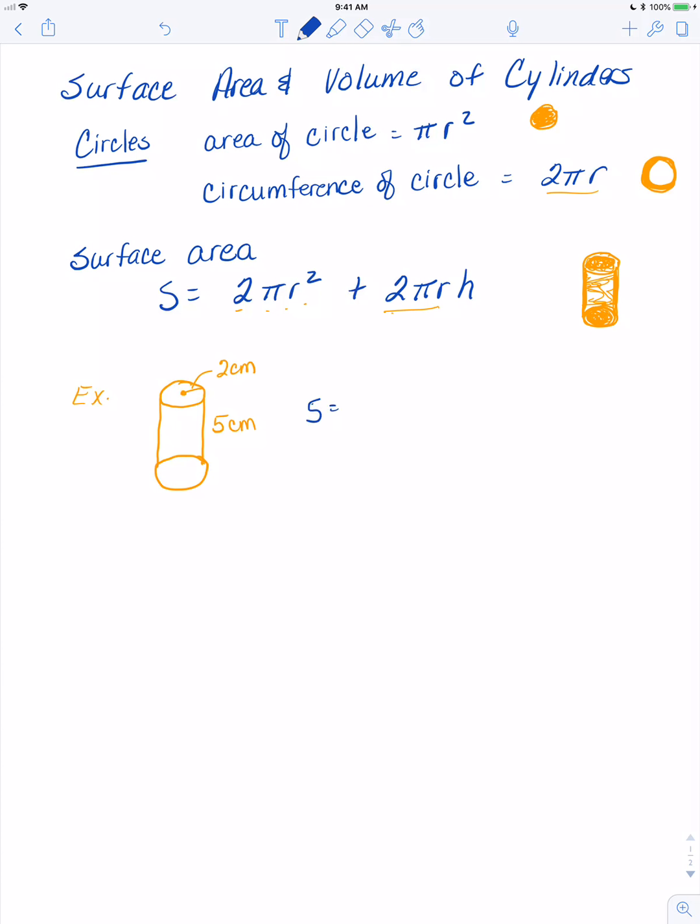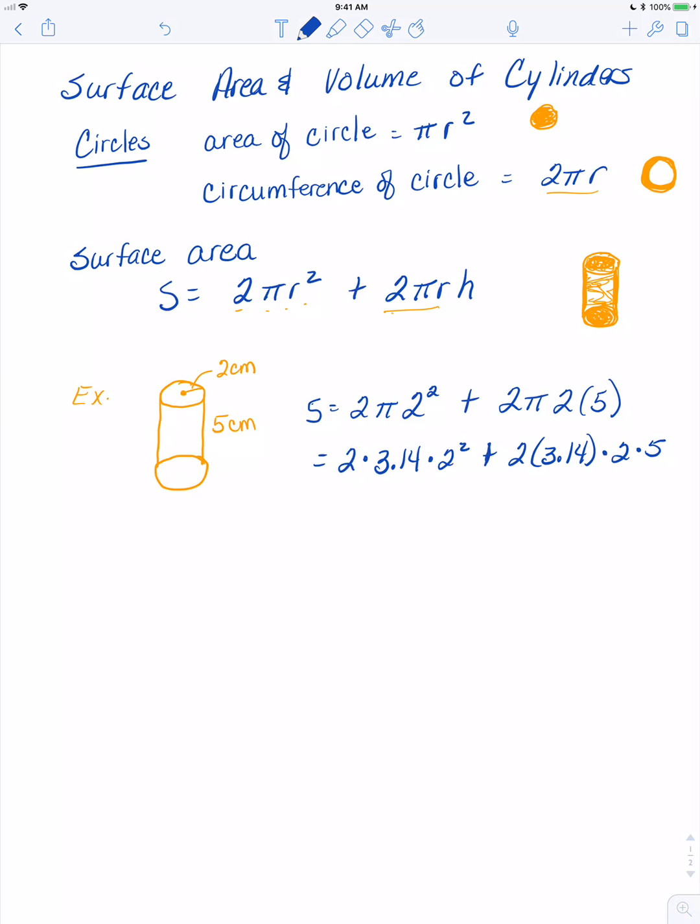So surface area is 2 pi, remember that's 3.14, times the radius, which is 2, and then we're going to square that radius, plus 2 pi radius, which is 2, times the height, which is 5. Okay, so let's just put in 2 times pi, which is 3.14, times 2 squared, plus 2 times pi, which is 3.14, times 2 times 5.